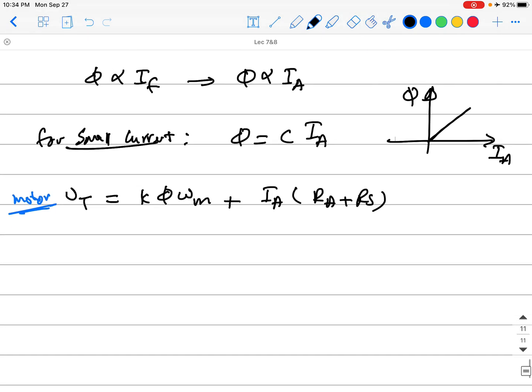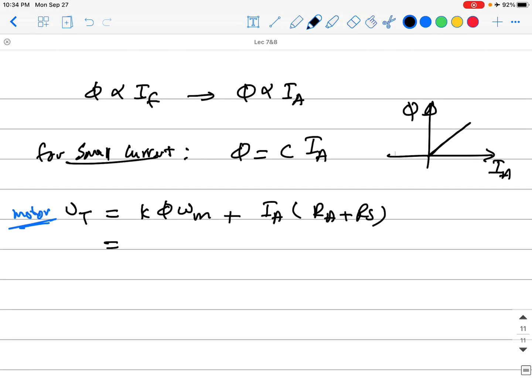We take phi here and replace it by C IA, like we said. So it is K C IA omega M plus IA multiplied by RA plus RS.